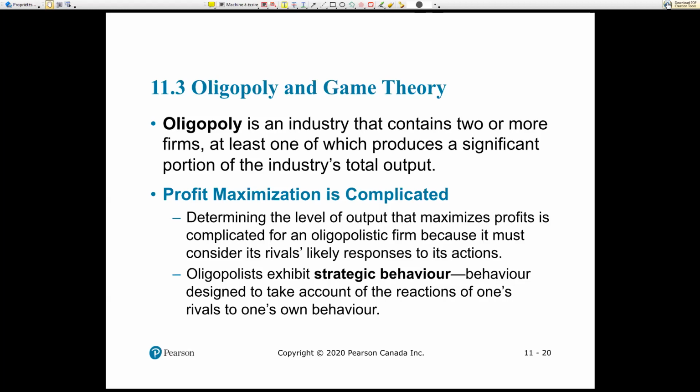And so what you have to know is actually that game theory started with the study of oligopolies. So studying oligopolies and modeling how they behave and how they interact with each other was the sort of origin to the whole game theory science.